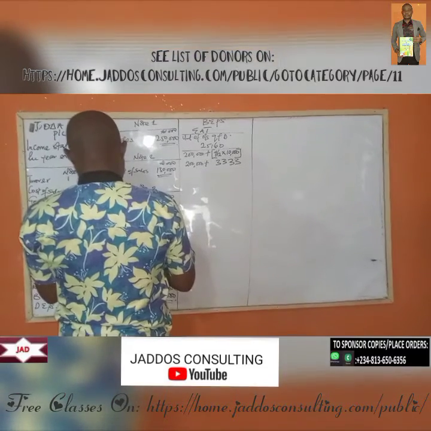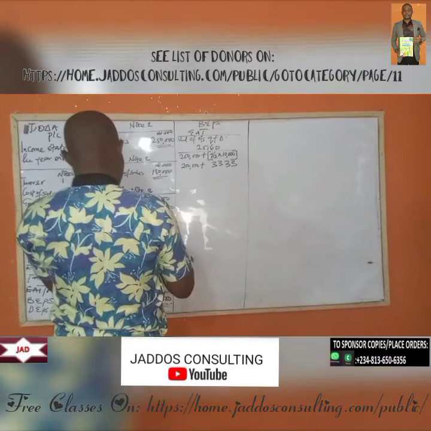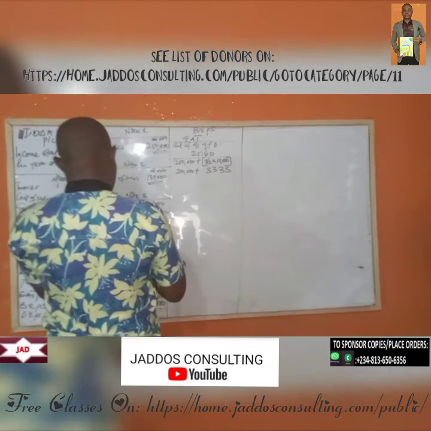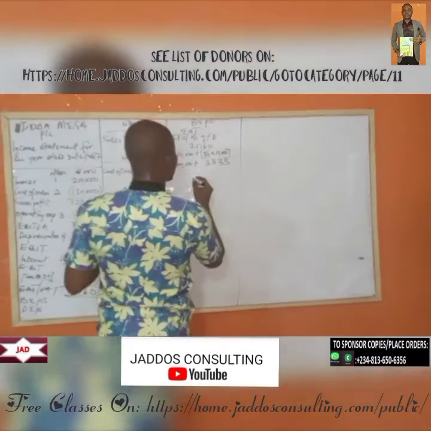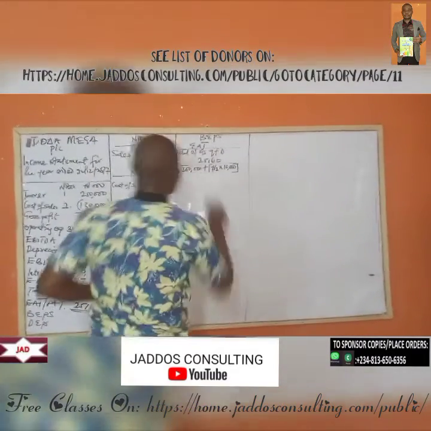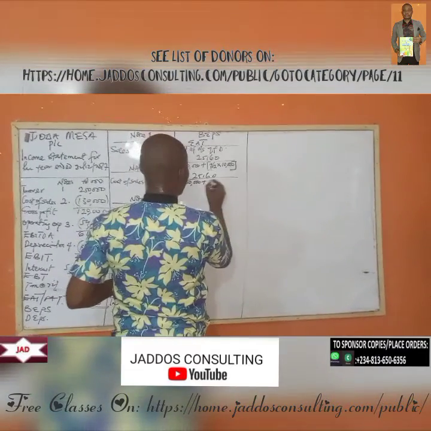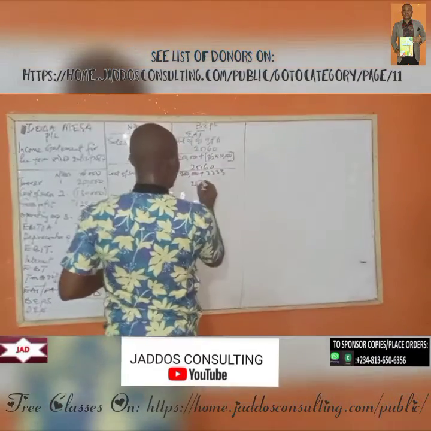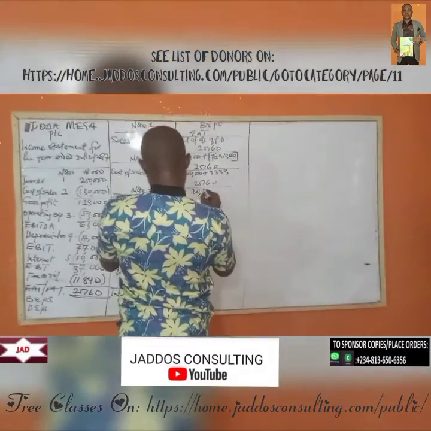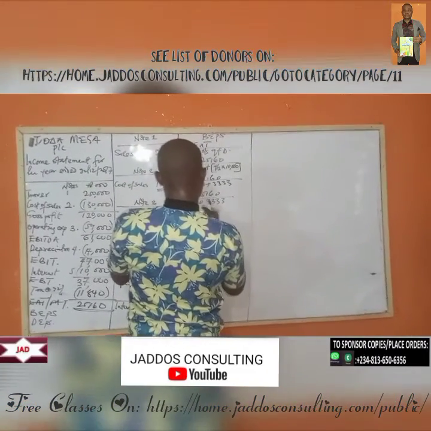So that will be plus 3333. So that means, let's do it like this. That will be 25,160 over 200,000 plus 3333. So that will be 25,160 over 203,333. Right?